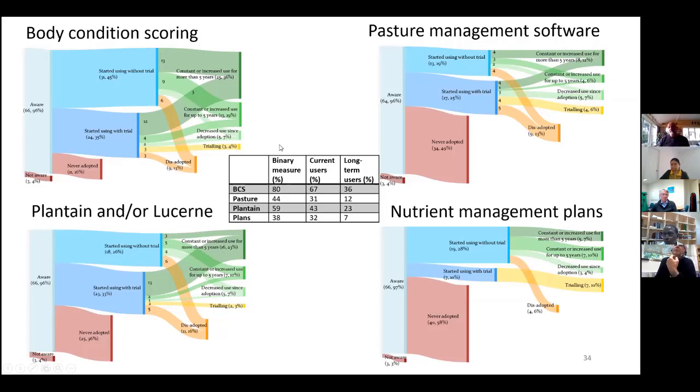So if you are after a binary adoption, whether people have ever used it or not, that's one number. If you are only interested in current users, then that's a dramatic decrease in all of them. But if you are interested in the long-term use of a technology, then the numbers are quite different from the first estimation of adoption as a binary variable.